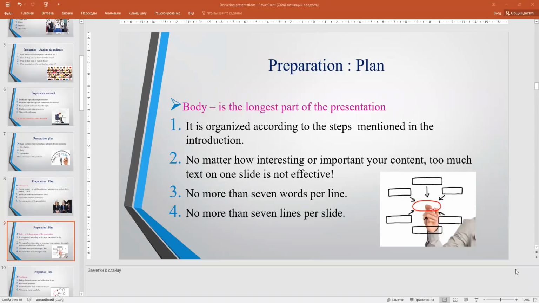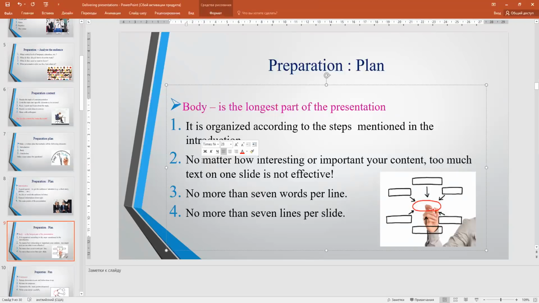That is why you should put the key content in this part. So it is organized according to the steps mentioned in the introduction. It means your body and the introduction should be coherent with each other, and they should be interrelated.